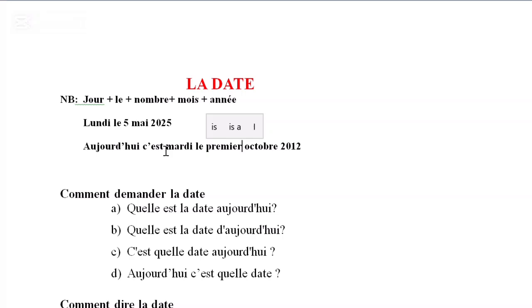But remember, first of every month, we say le premier. Now from there, going forward, we say 2, 3, 4, 5. So now here is, we say, aujourd'hui c'est mardi le 1er octobre 2012. Today is Tuesday, the 1st October 2012.